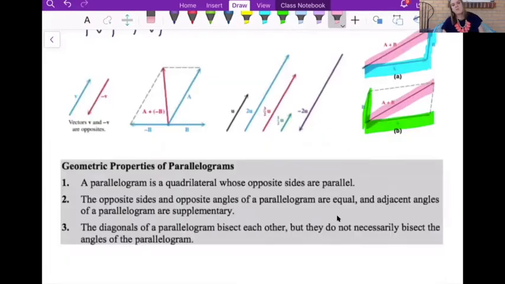I have in your notes some properties of parallelograms that you should know from geometry. The opposite sides are parallel. The opposite sides are the same length. And the adjacent angles are supplementary, which means they add to 180.